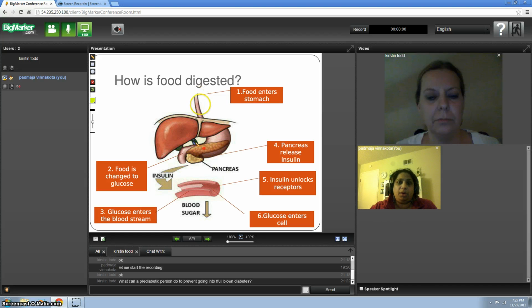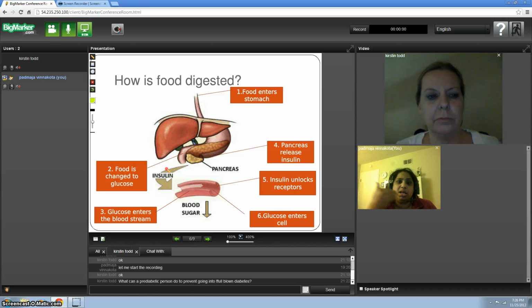Now, when food enters the stomach, it converts into glucose. And this glucose has to go and attach itself to the blood cells to produce energy. How it attaches to the blood cells is with the help of insulin. So when the body does not have enough insulin, the glucose does not get attached to the blood cells and instead starts flowing through the blood vessels in the form of sugar, and that's when you have high blood glucose levels.